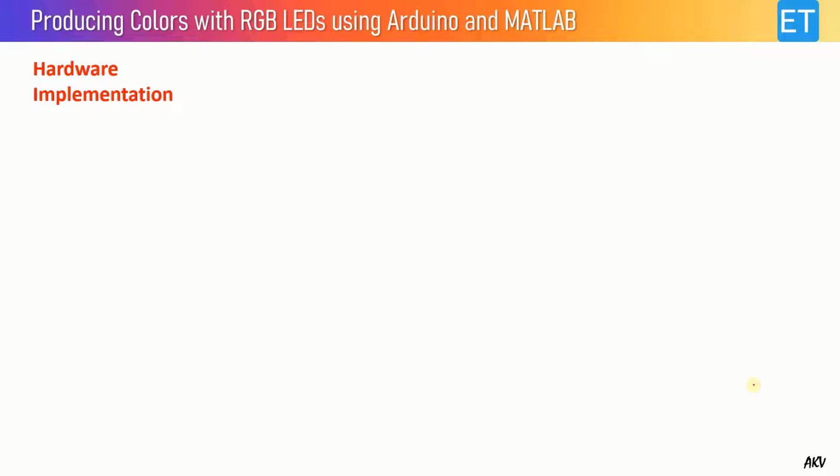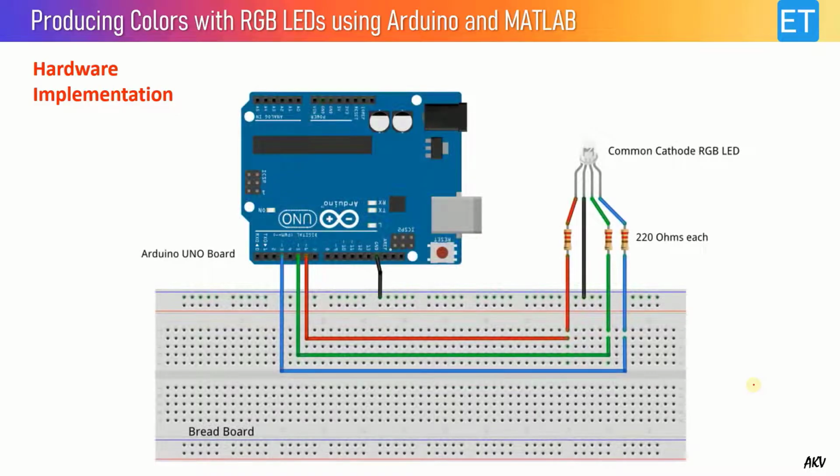Now let us see the hardware implementation. So this is your circuit diagram. This is your Arduino board and this is your RGB LED. Instead of using 3 different LEDs, I mean one for red, one for green and one for blue, I'm using a single LED which is known as the RGB LED.